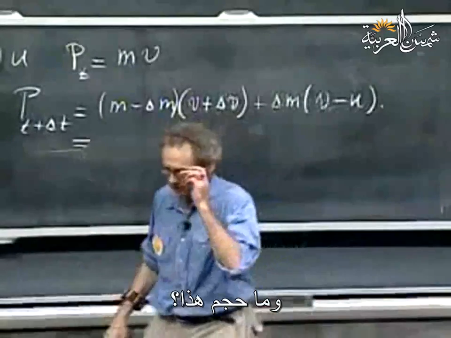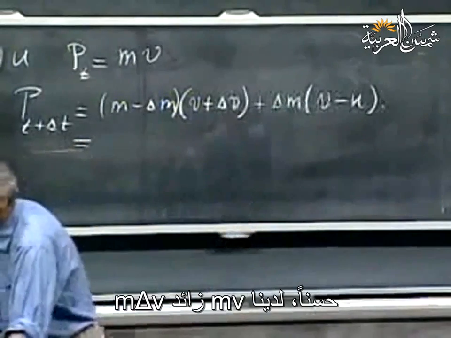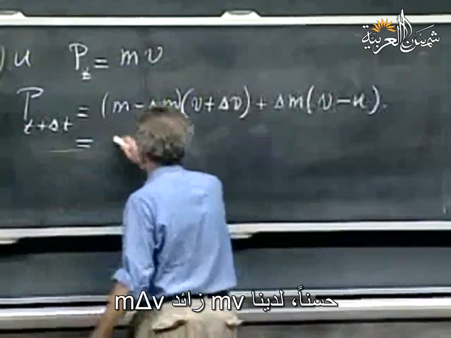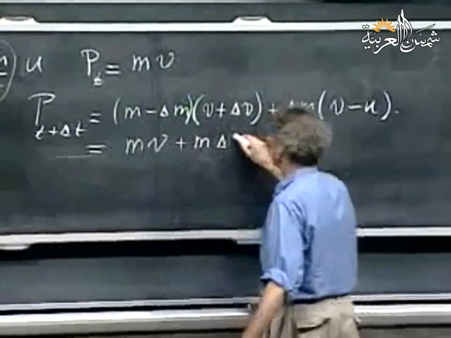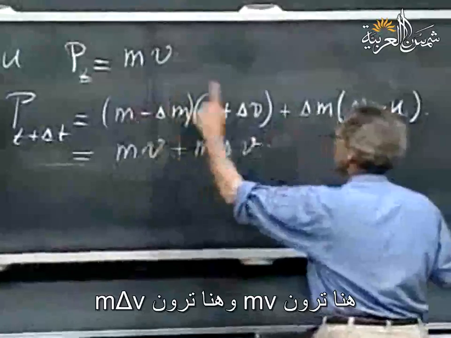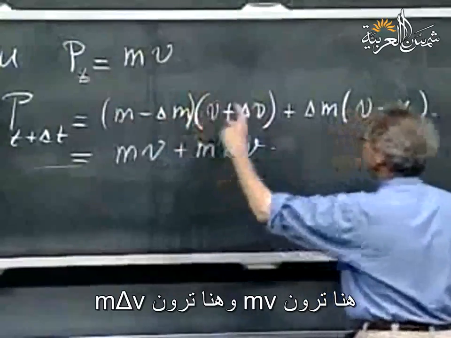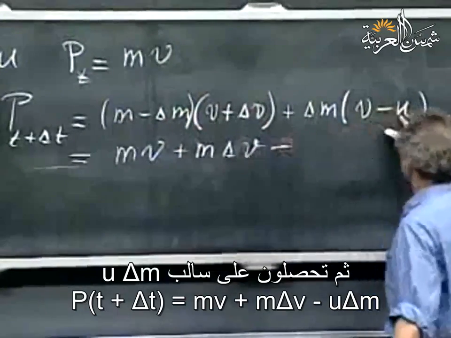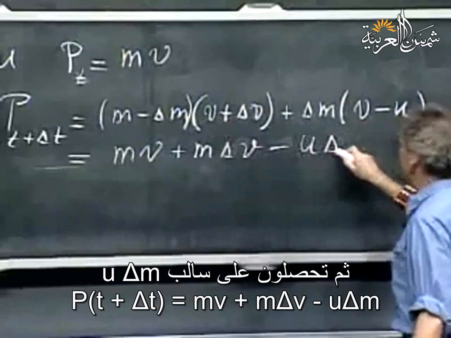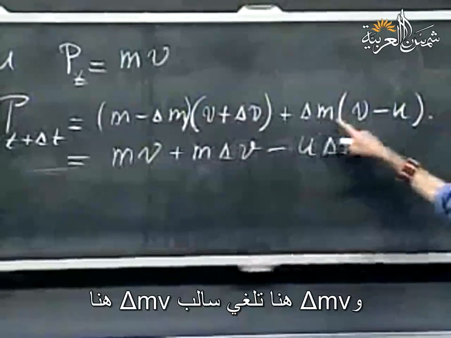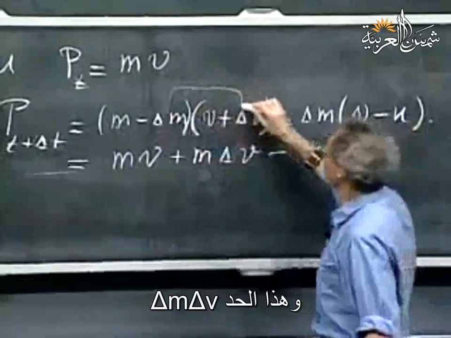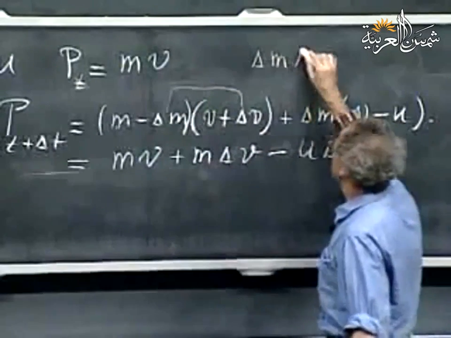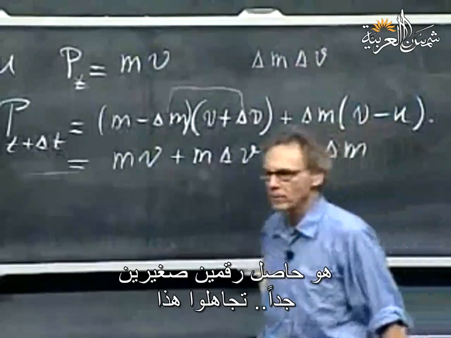And how large is this? Well, there is mv plus m delta v. Here you see the m delta v, here you see the mv, and then you get minus u delta m, and the delta m v here cancels minus delta m v here, and this term, delta m delta v, is the product of two incredibly small numbers.